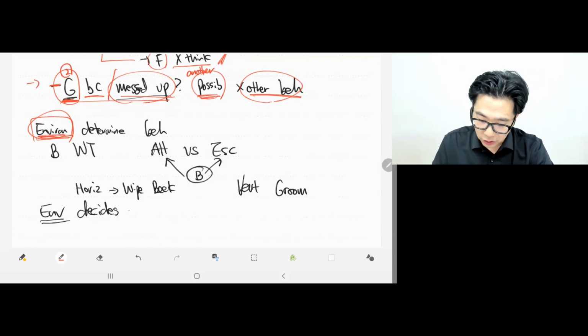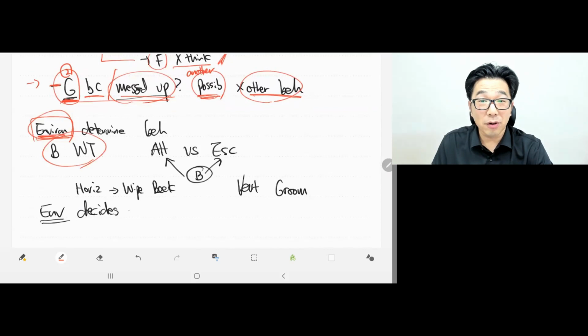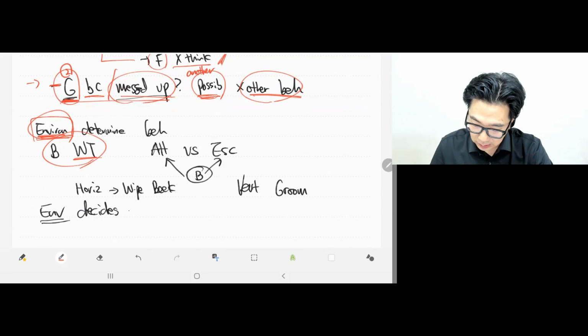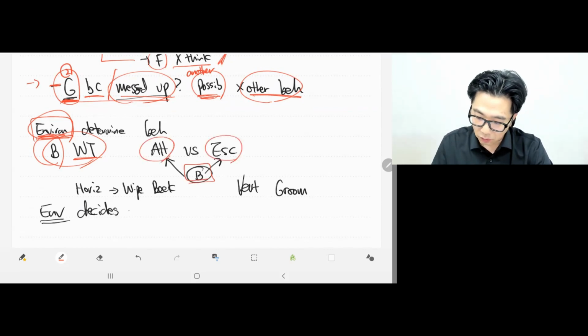So the professor continues by giving an example of another bird. Wood thrush is just a species, I guess, a type of bird. This wood thrush, when it has two conflicting drives, again, wants to attack the enemy or run away from the enemy, it depends on the environment, right?